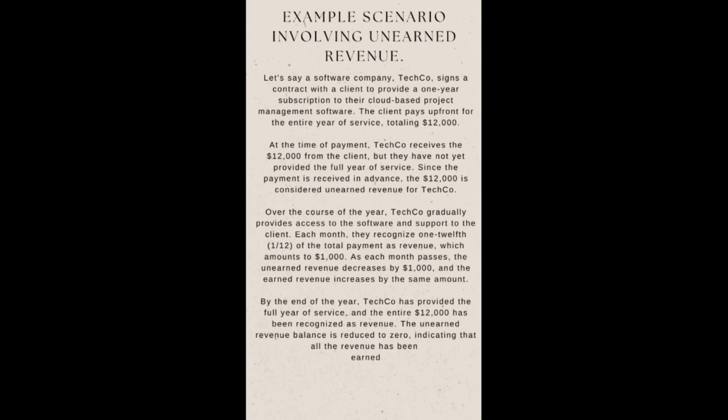By the end of the year, TICO has provided the full year of service and the entire $12,000 has been recognized as revenue. The unearned revenue balance is reduced to zero, indicating that all revenue has been earned.